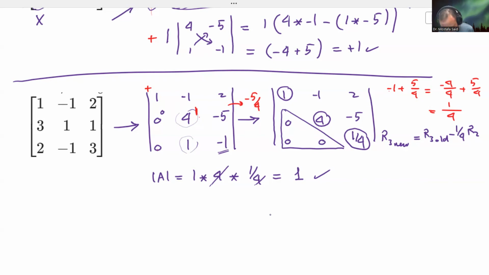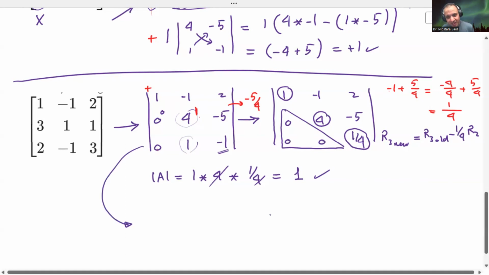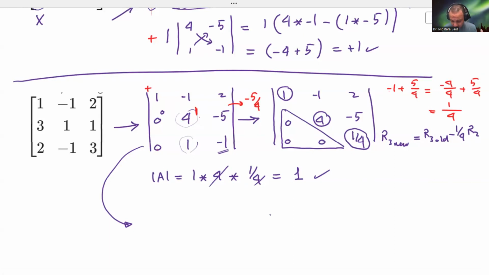Some people, especially at that step, have a tendency to switch the rows. That's fine. Usually we like to have the element on the diagonal, the one that we subtract from, like row 2 in this case. So what they do is switch the rows.